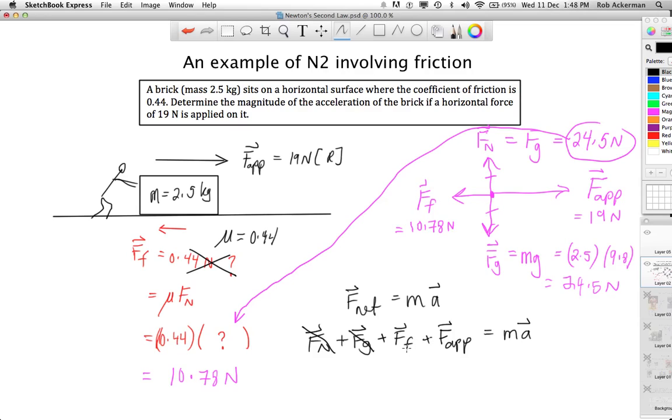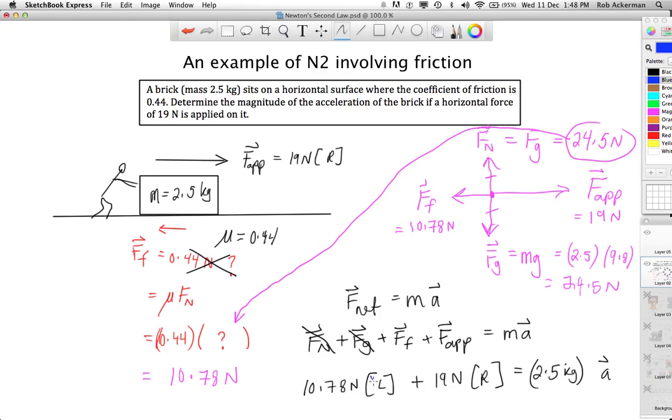For the ones that don't cancel, what have we got? We've got 10.78 newtons left added to 19 newtons right. That's equal to 2.5 kilograms times a. Now, are you ready to add and subtract? Not quite. Left and right don't mix.